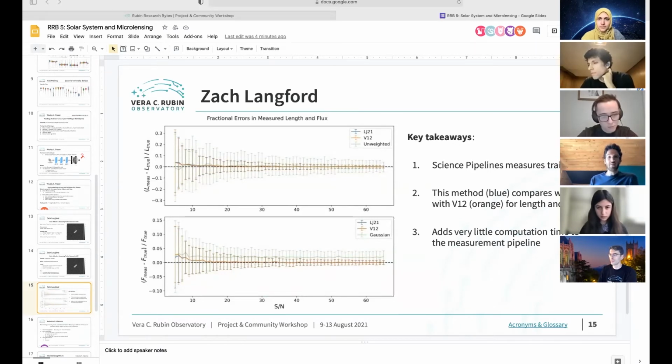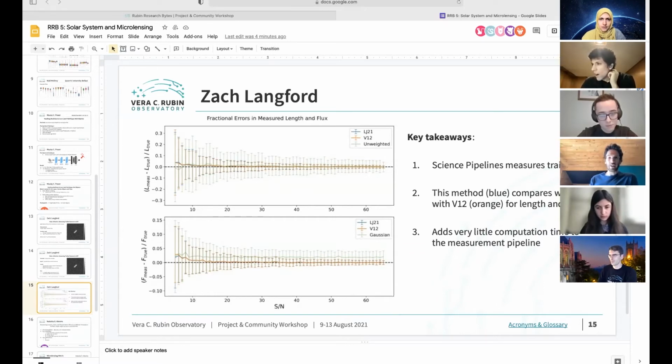As you can see, even for really low signal to noise, our model performs just about as well as the Vera model. As another comparison, we have an unweighted second moments measurement on the top versus the adaptive moments, which we use, that come from the stack.